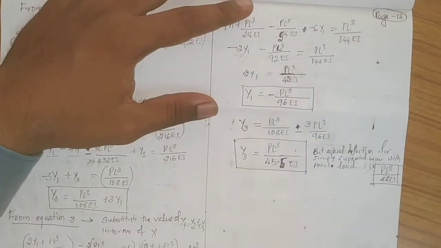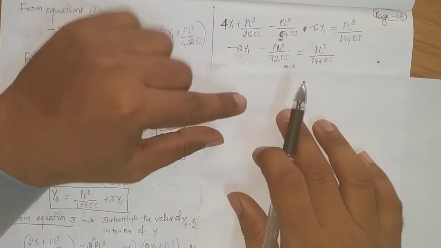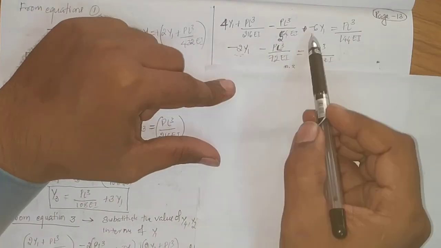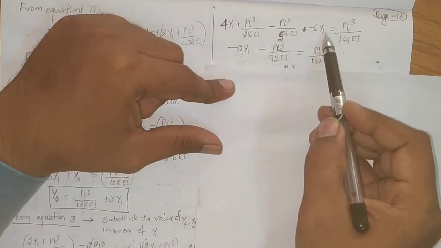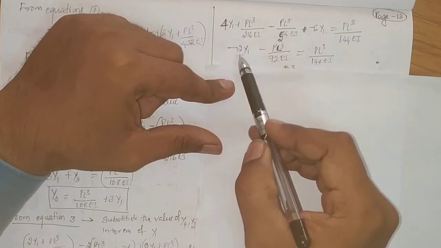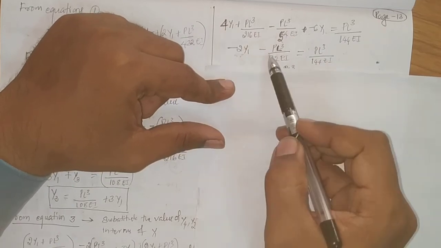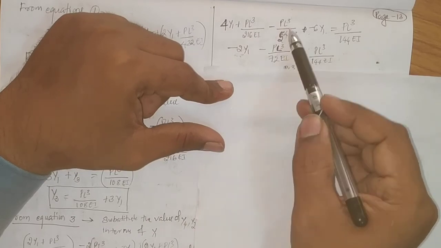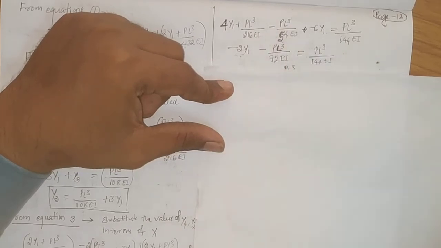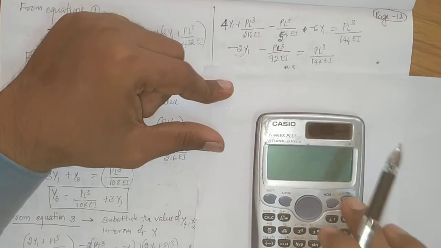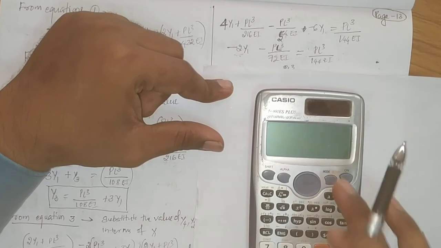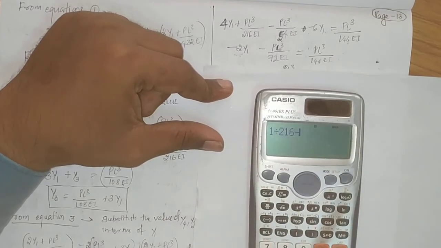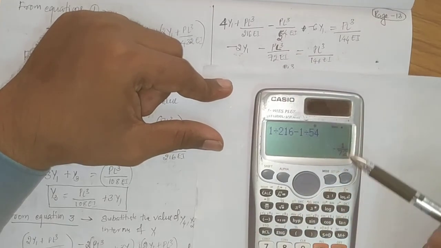Now next step, you can see here minus 6y1 plus 4y1, it will become minus 2y1, minus PL cube by, so if you calculate this, 1 by 54, 1 divided by 216 minus 1 divided by 54, it will become minus 1 divided by 72.